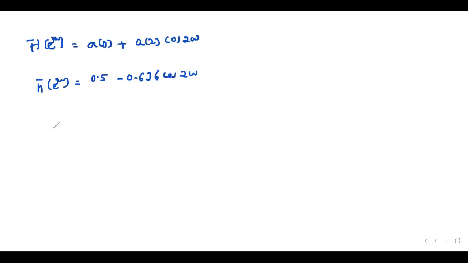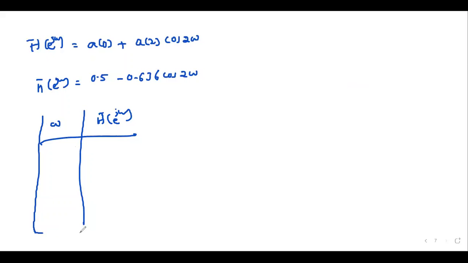Now make a table of h cap of e power j omega. Please find some values. You better calculate many values, then you will get the plot exactly. You have to calculate from 0 to 2 pi.